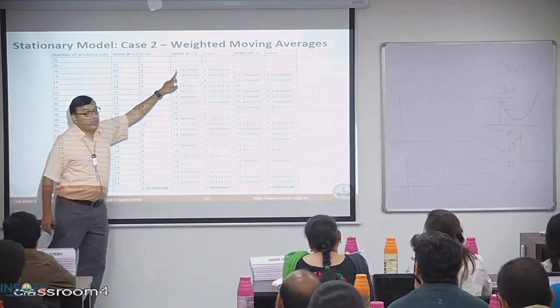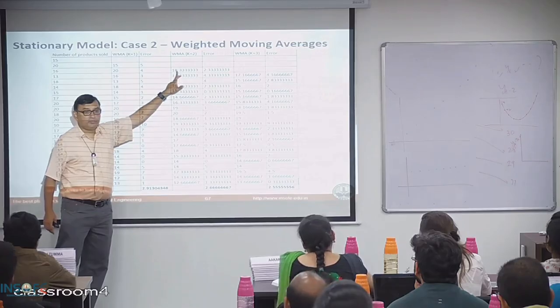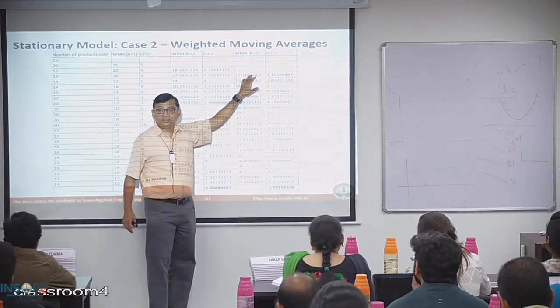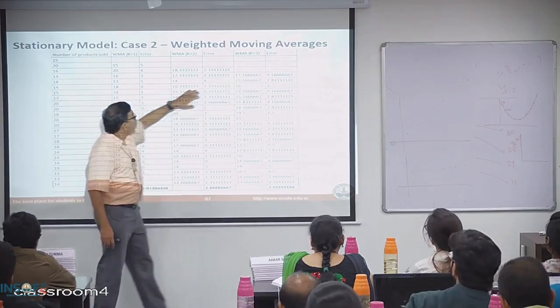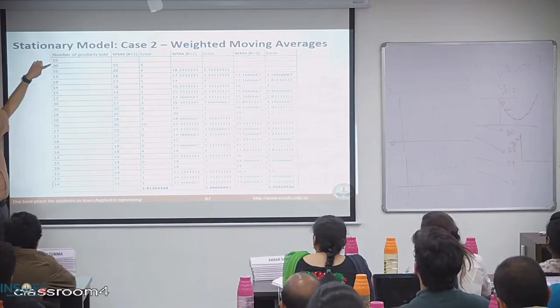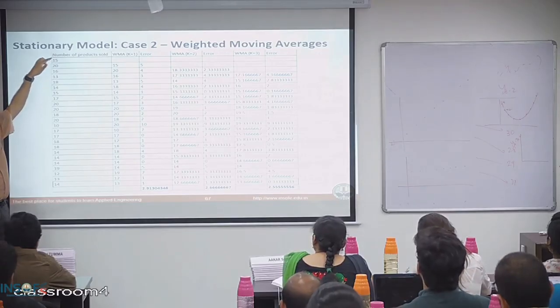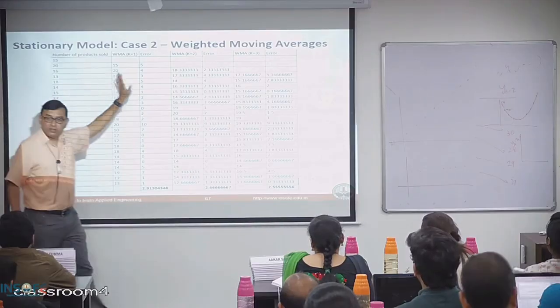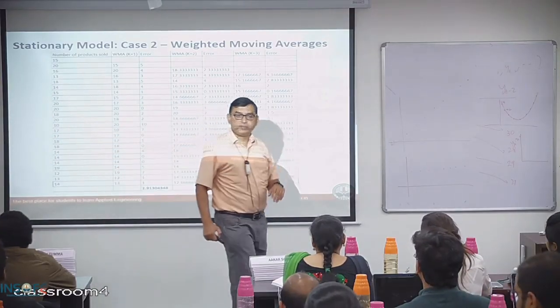That turns out to be 18.3. Okay. For window size 3, you would do 3 times 16 plus 2 times 20 plus 1 times 15 divided by 3 plus 2 plus 1. Okay. That's the weighted moving average.